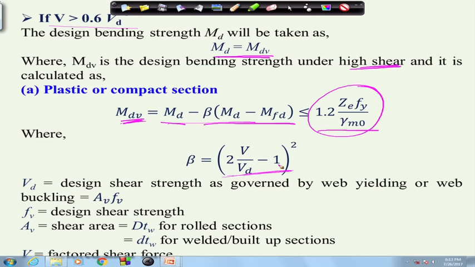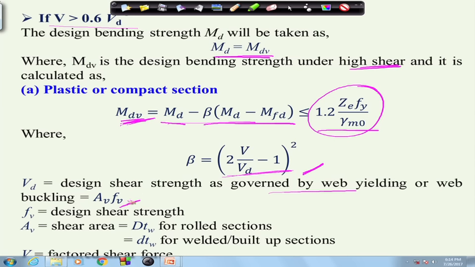So, beta is a coefficient which can be calculated from this formula, and then we can find the value of Mdv. And here Vd, the design shear strength, is governed by web yielding or web buckling, and Vd is simply Av into Fyw by root 3 gamma m0, where Av is the shear area and Fyw is the yield strength of the web.